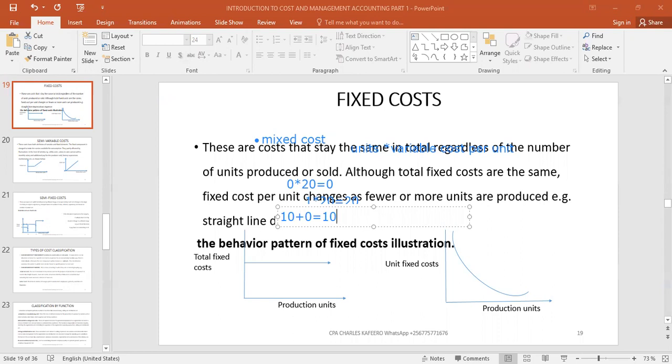Remember the variable cost per unit was 20 shillings. So it will be the 20 for this first unit and the 20 for the other unit to become 40 shillings as the total variable cost in the production of 2 units.